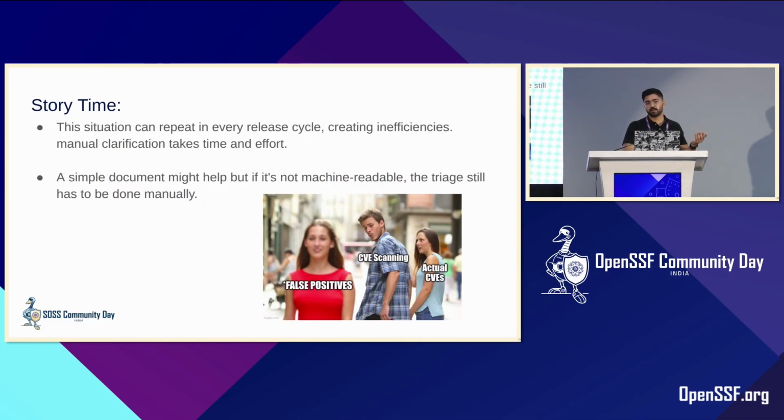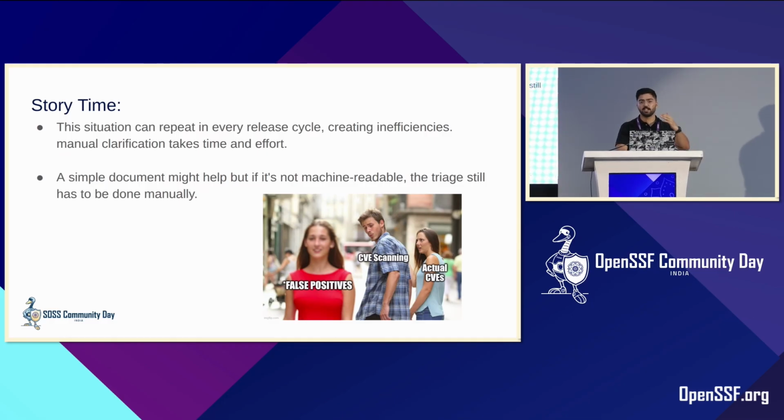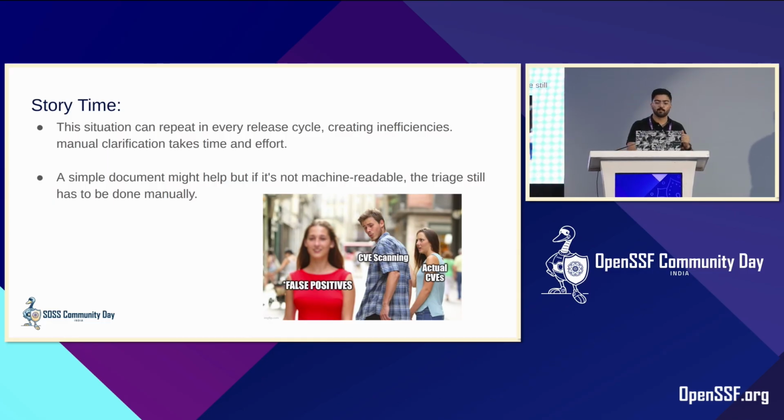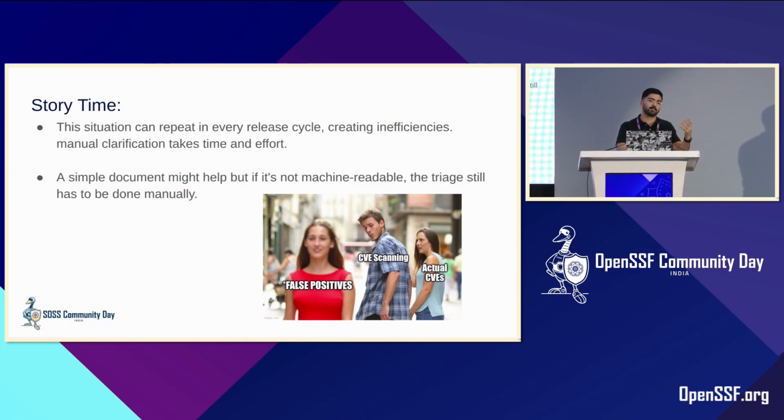So if you take a look, this situation can occur multiple times in a release cycle. And this back and forth of sharing information and getting back to each other creates inefficiency, and obviously manual clarification takes much time and effort. A simple document might help to solve this, but that won't help if that document is not machine readable.